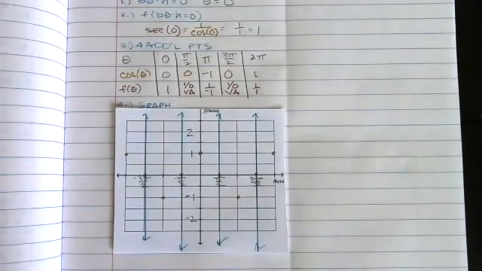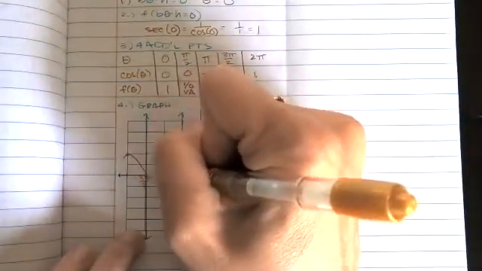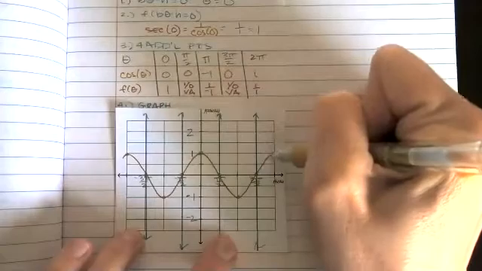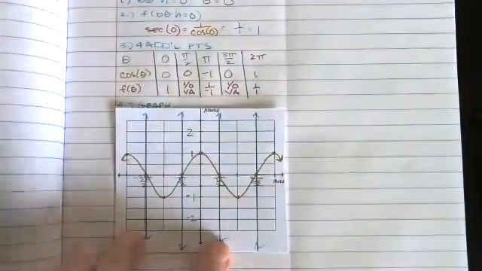Yeah, that makes sense. So our cosine function will be this. But the secant function will be like this.